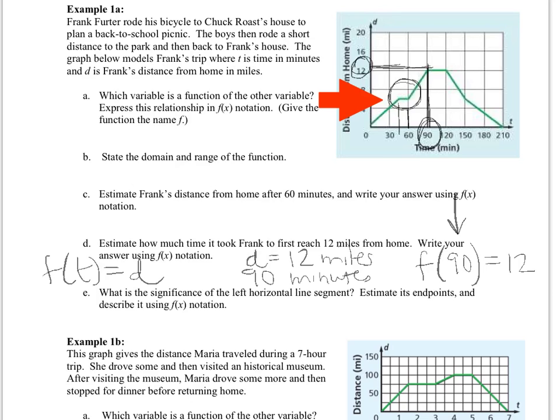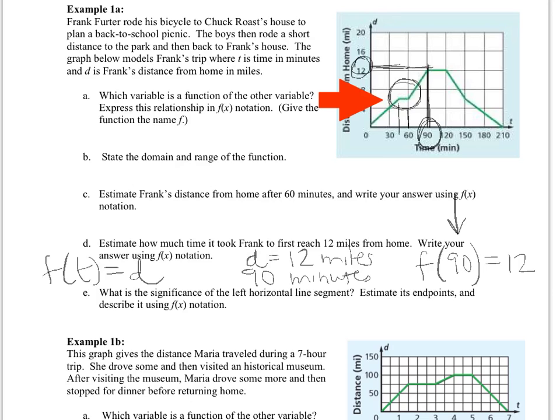That's when Frank and Chuck were probably at Chuck's house for about 15 minutes. Maybe they were getting ready to leave for the park. That was the first time where his distance didn't change because it's a horizontal line, but his time did, so he stayed still somewhere.